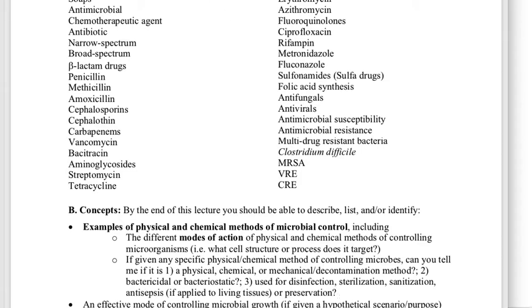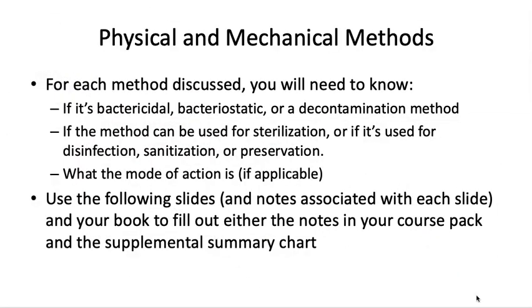So to help you with this concept, I've prepared a summary chart that walks you through these things. If something is bactericidal, we are going to give it a code. I believe it's going to be BC for bactericidal. Or if it's bacteriostatic, we're going to give it the code BS. If it's a decontamination method, that means it's a mechanical method, and we'll call it DC for decontamination.